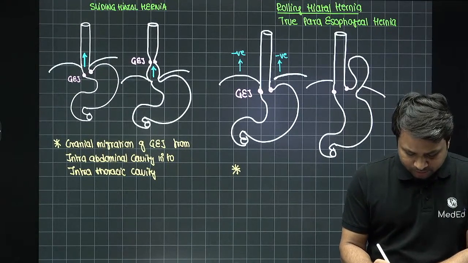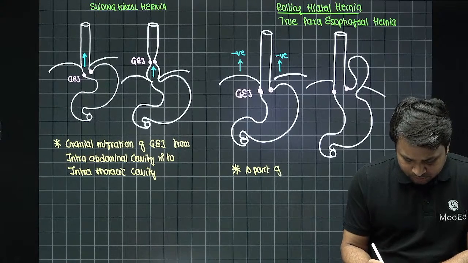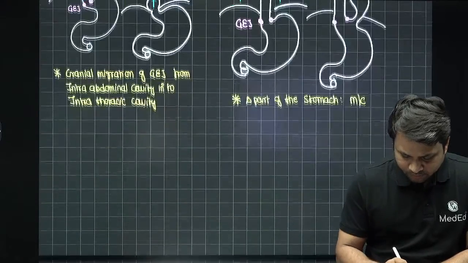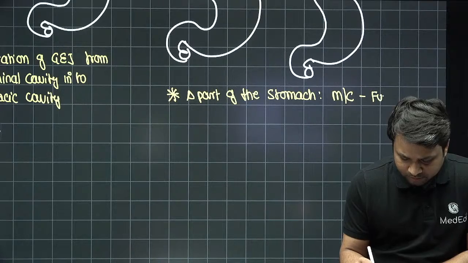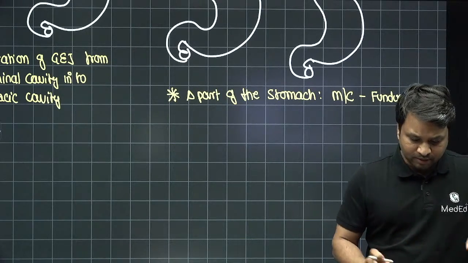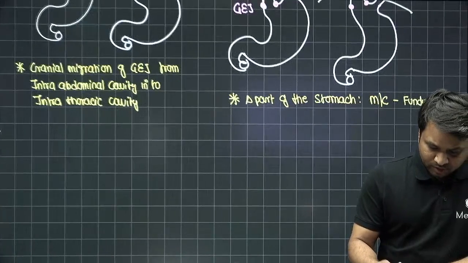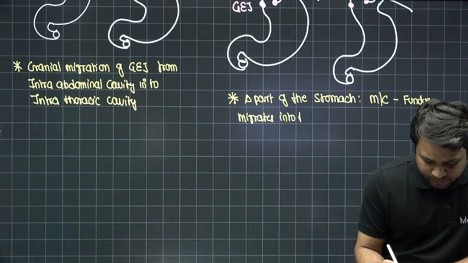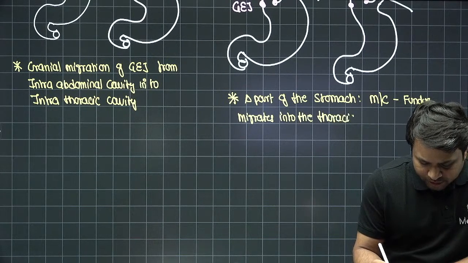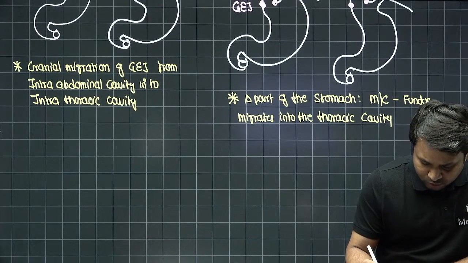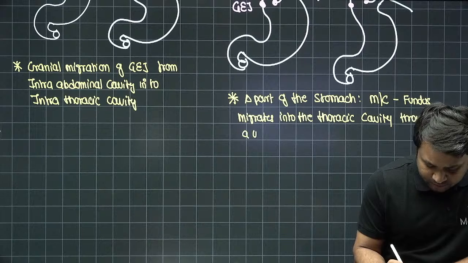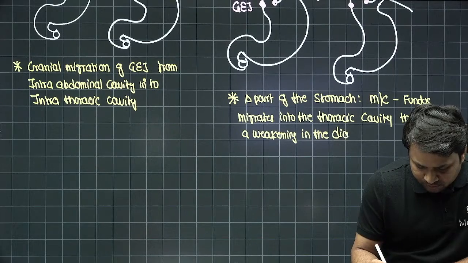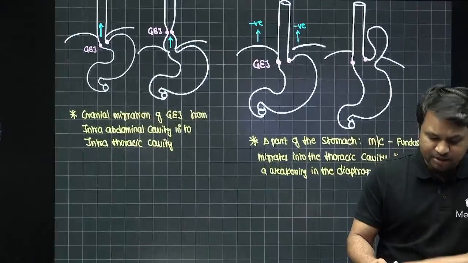In a rolling hiatal hernia, the part of the stomach that migrates into the thoracic cavity through a weakening in the diaphragm is most commonly the fundus of the stomach. This is what we call a rolling hiatal hernia.